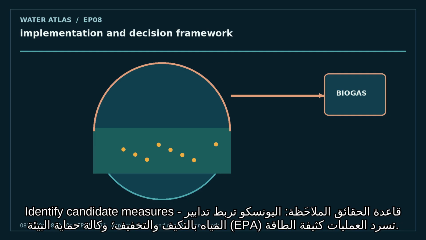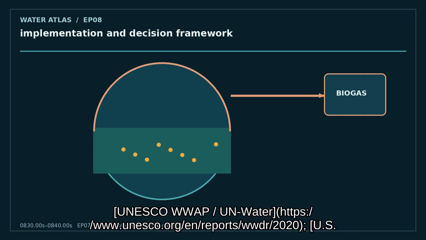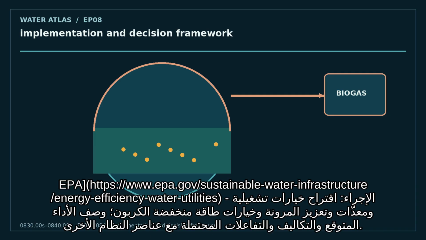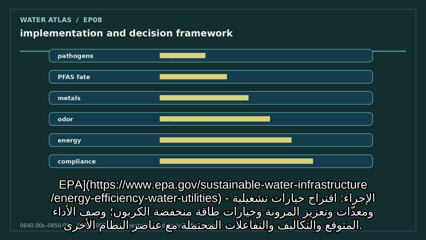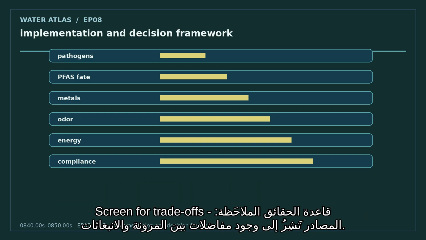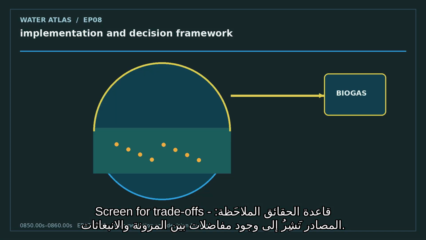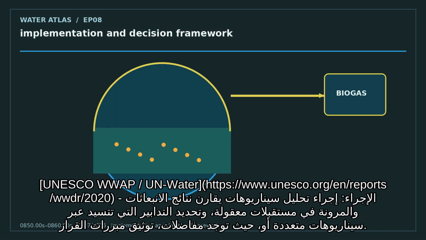Fourth, identify candidate measures. Propose operational, equipment, resilience, and low-carbon energy options, and describe expected performance, costs, and interactions. Fifth, screen for trade-offs by running scenario analysis, comparing emissions and resilience outcomes under plausible futures. Where trade-offs exist, document the decision rationale.